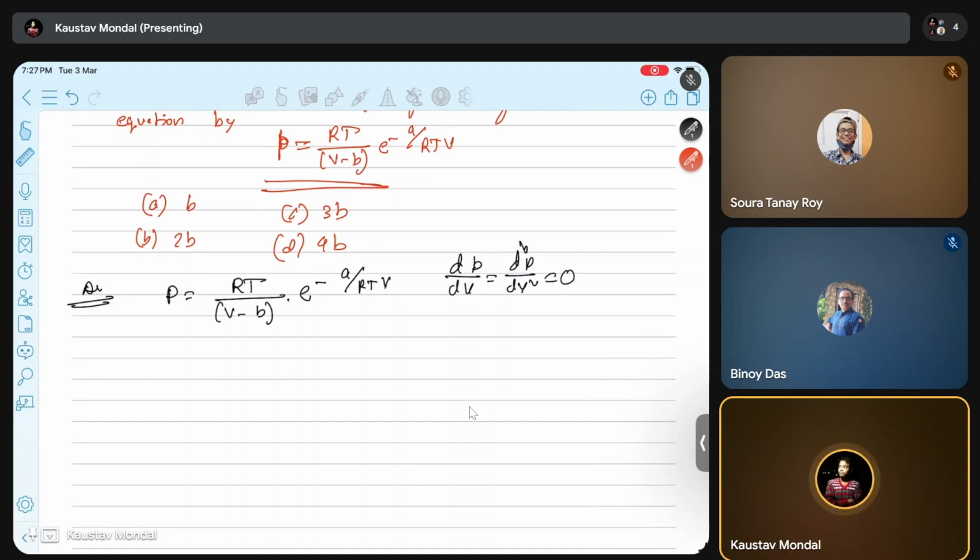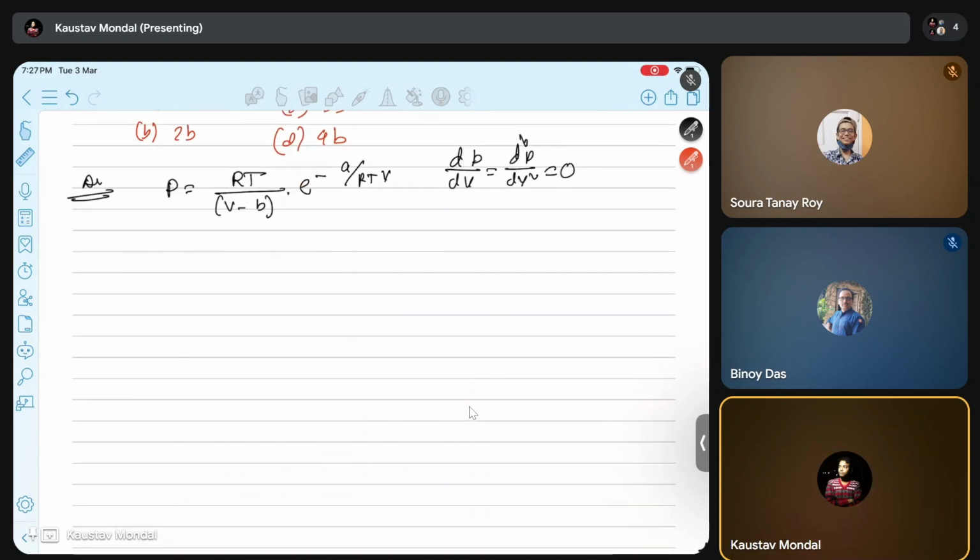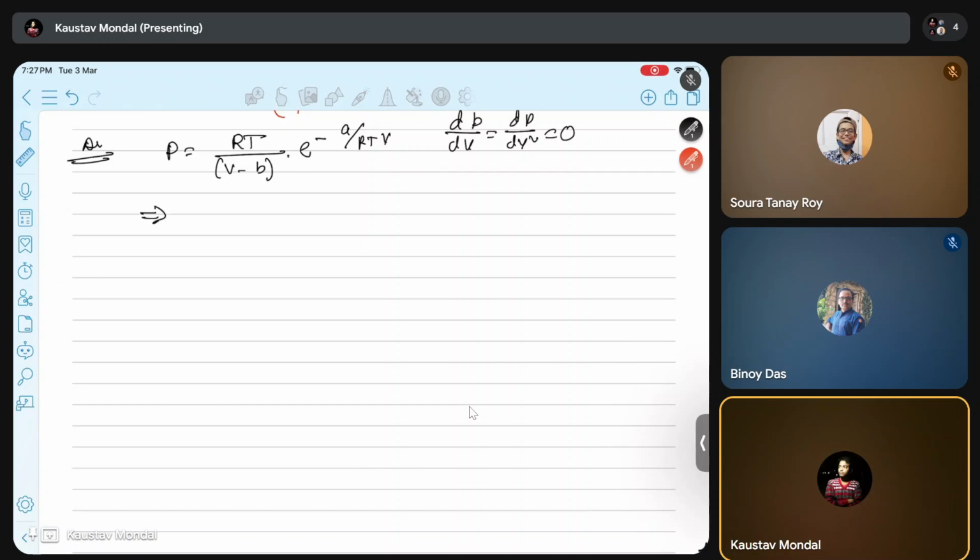Both these conditions need to be satisfied. First, let's do dP by dV.